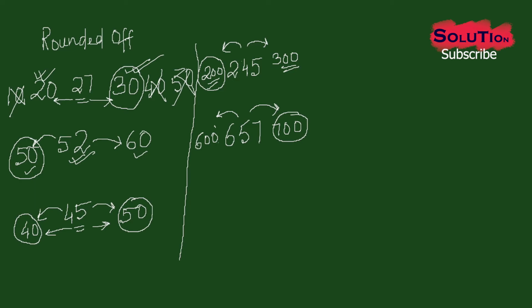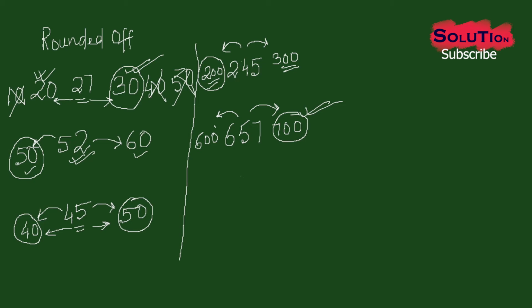Because 700 is closer, the round off of 657 is 700. This is hundreds round off; we can go for thousands round off also, it will be the same.